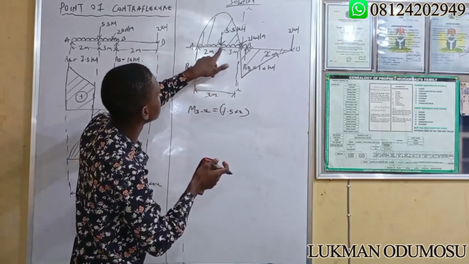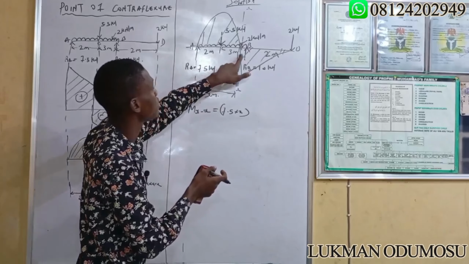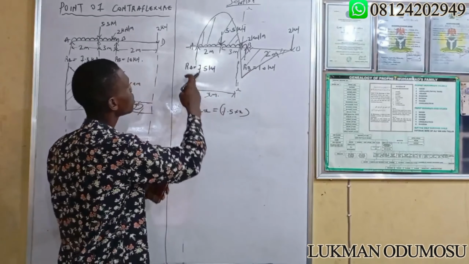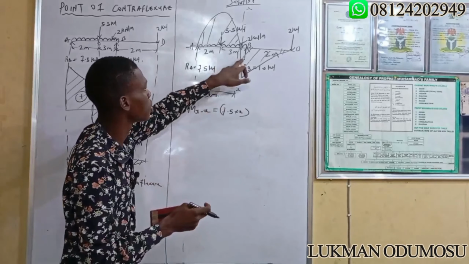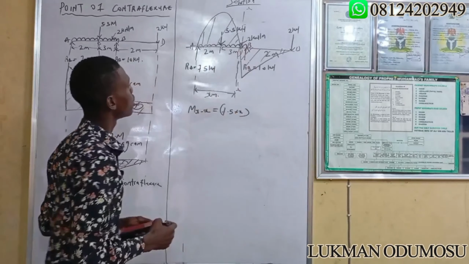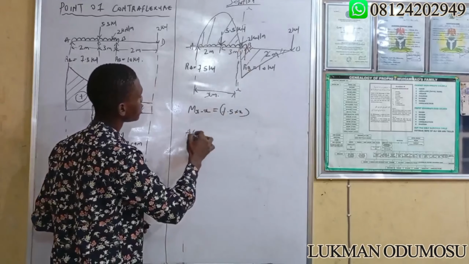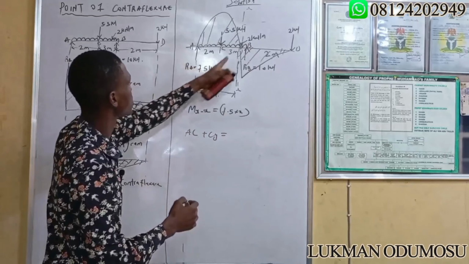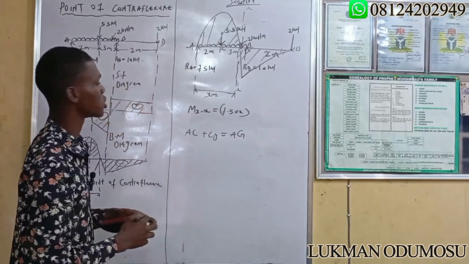From this point load, meaning from C to the point where you are taking the moment, is unknown. But we know that the total distance is x, and we know that from A to C is 2, meaning from C to that point. Let me denote that point as G. What it means is that AC plus CG is equal to AG, and the value of AG is x.